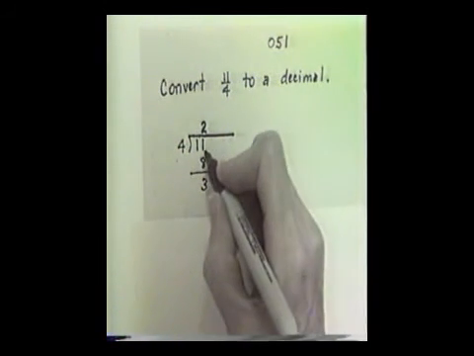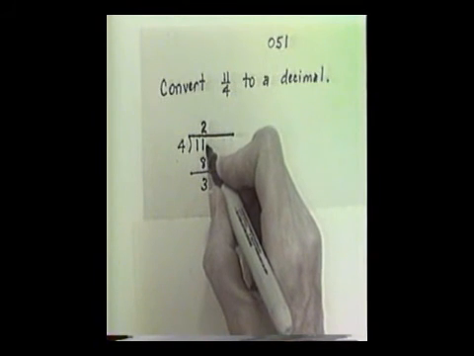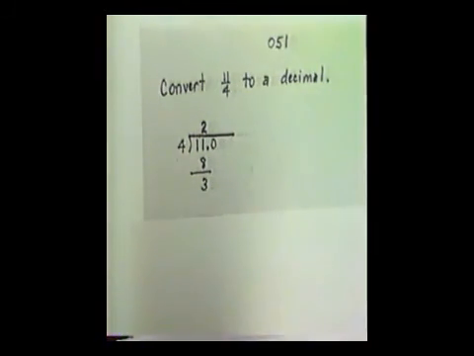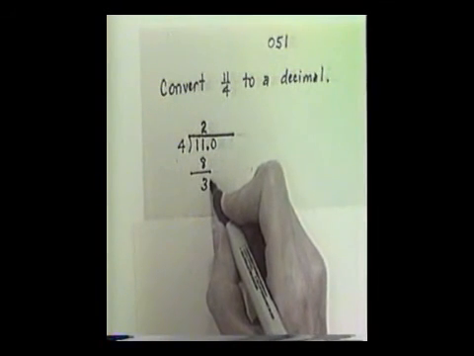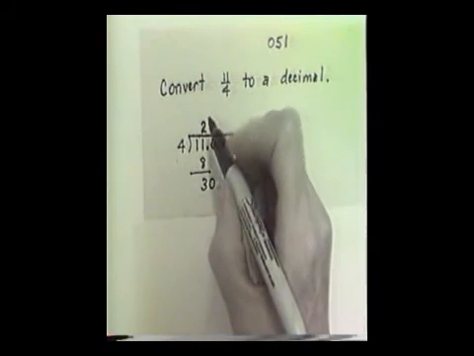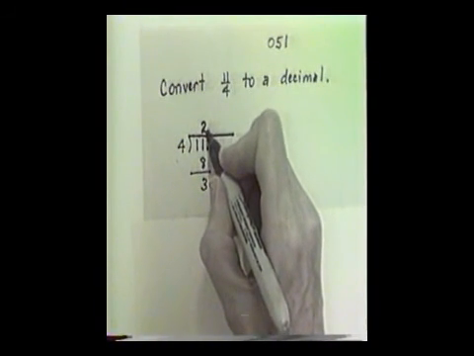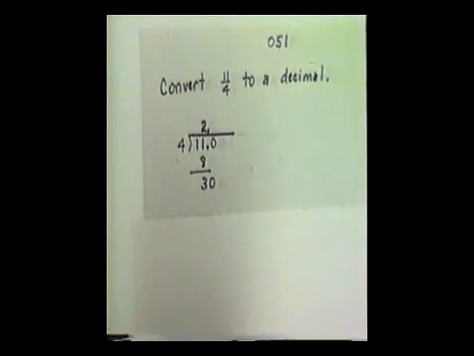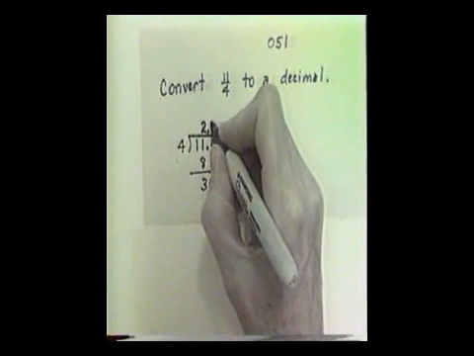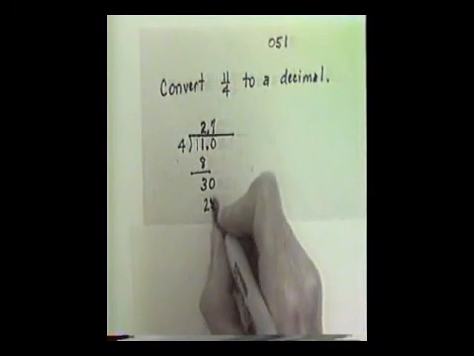But to go with decimals, we place the decimal point where it's understood to be to the right of 11 and affix a 0 to the right of that so that we can bring down the next digit and keep dividing. In the quotient, the answer, the decimal point goes directly above its present location, and we continue dividing. 4 divides into 30 7 times. 7 times 4 is 28.